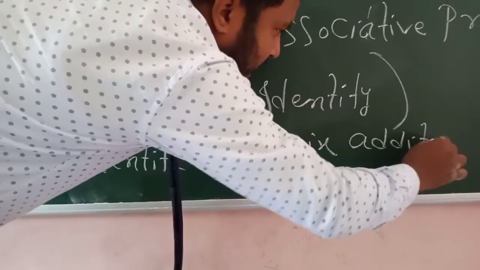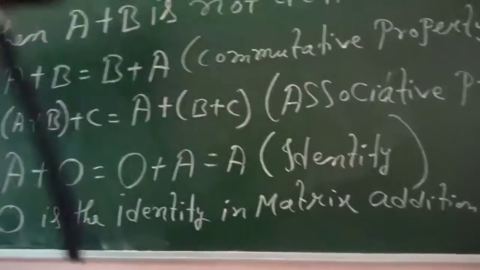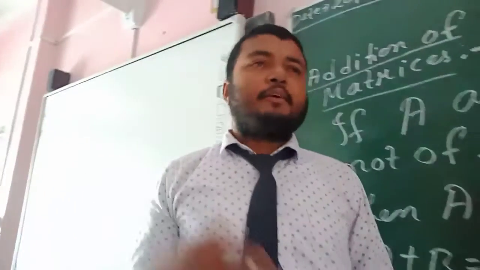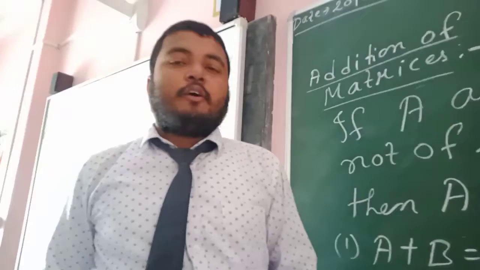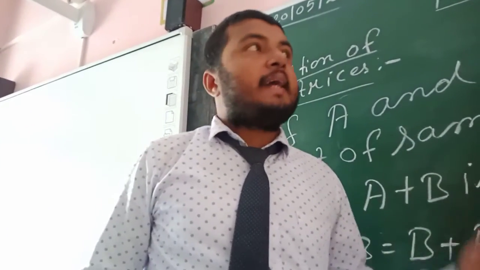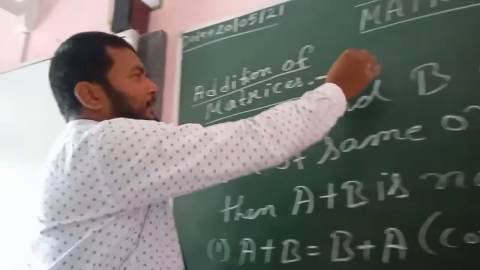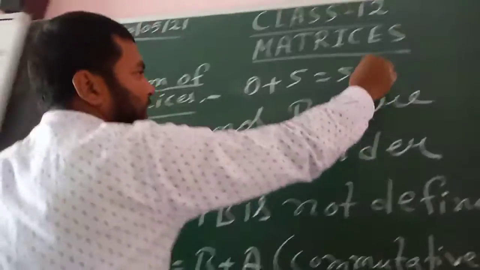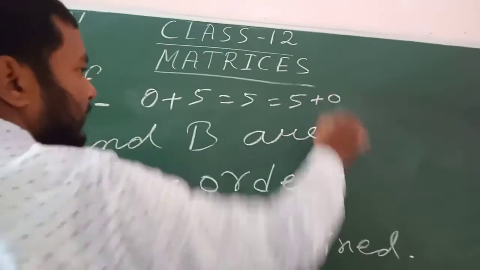Now, identity elements are those elements which, on doing the operation, give the same element. Suppose 2 plus 0 we get 2, or 0 plus 2 we get 2. With 0 you add any number. Suppose 0 plus 5 we get 5, which is equal to 5 plus 0.